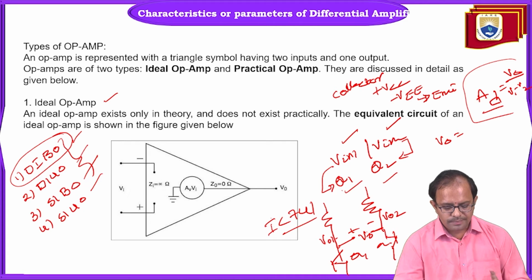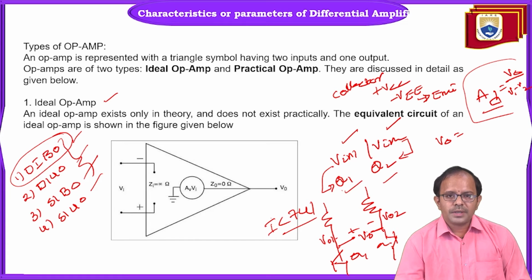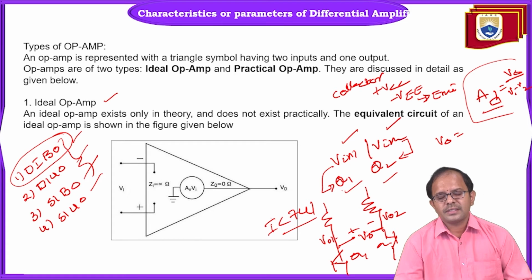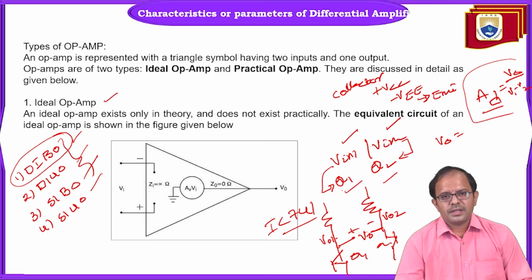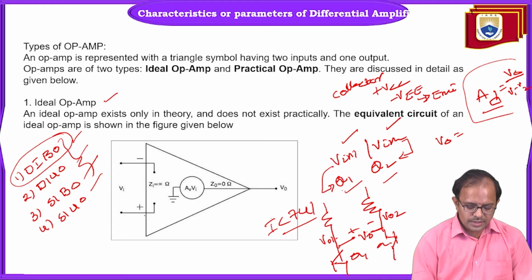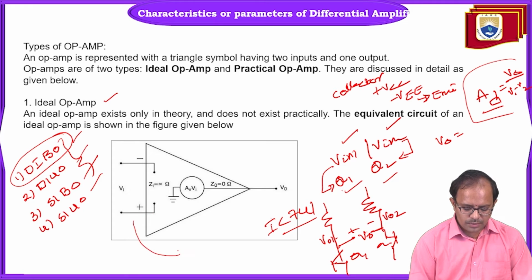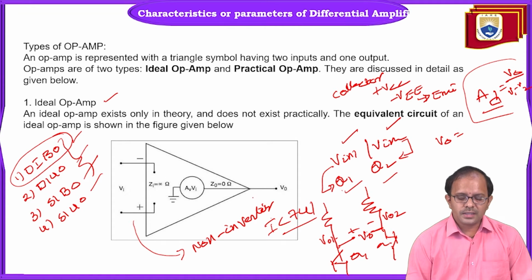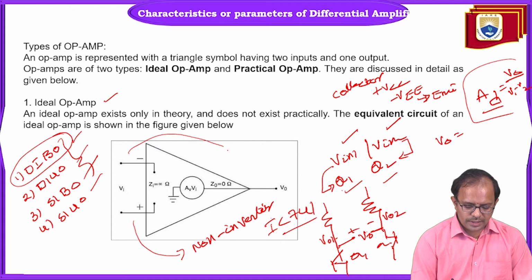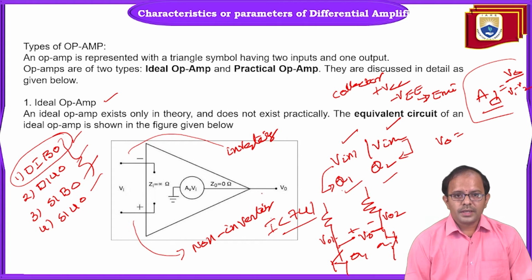So try to understand, the symbol for an operational amplifier is a sleeping triangle, right? And it consists of two inputs. What are the two inputs? The first input is said to be a non-inverting input, and the other input is going to be the inverting input, right?